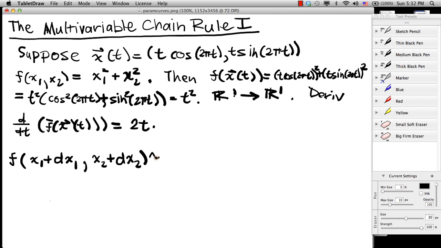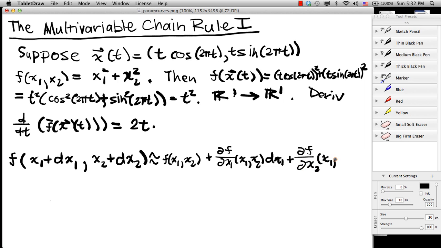Remember that this is well approximated by f of x1, x2 plus partial derivative df dx1 evaluated at x1, x2 dx1 plus df dx2 of x1, x2 dx2.